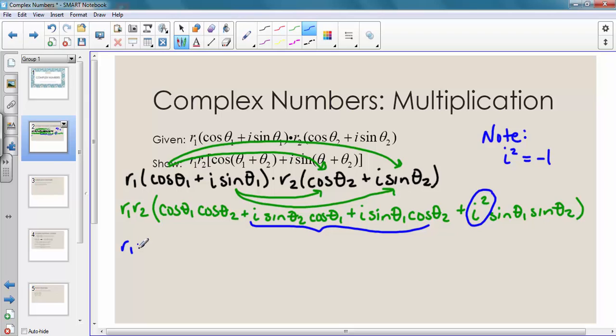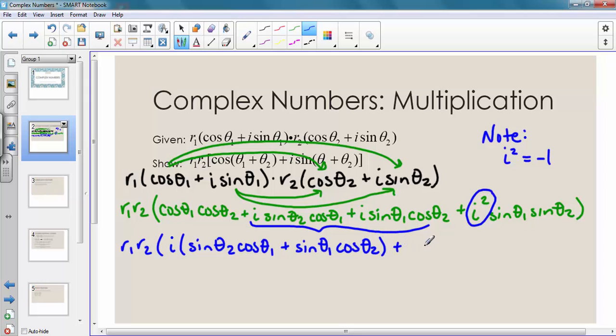So I have r1 times r2. I'm going to pull my i out and get i times the sine of theta 2 times the cosine of theta 1 plus the sine of theta 1 times the cosine of theta 2.